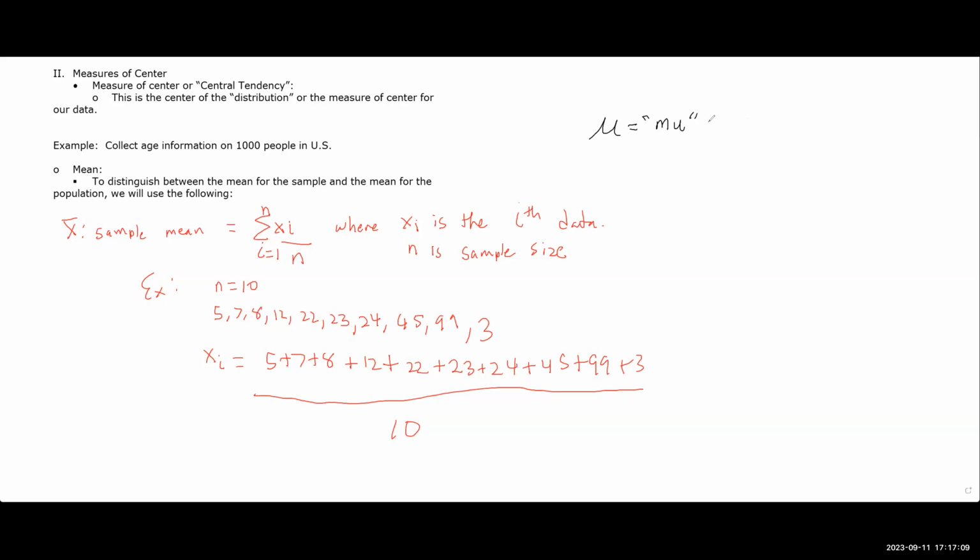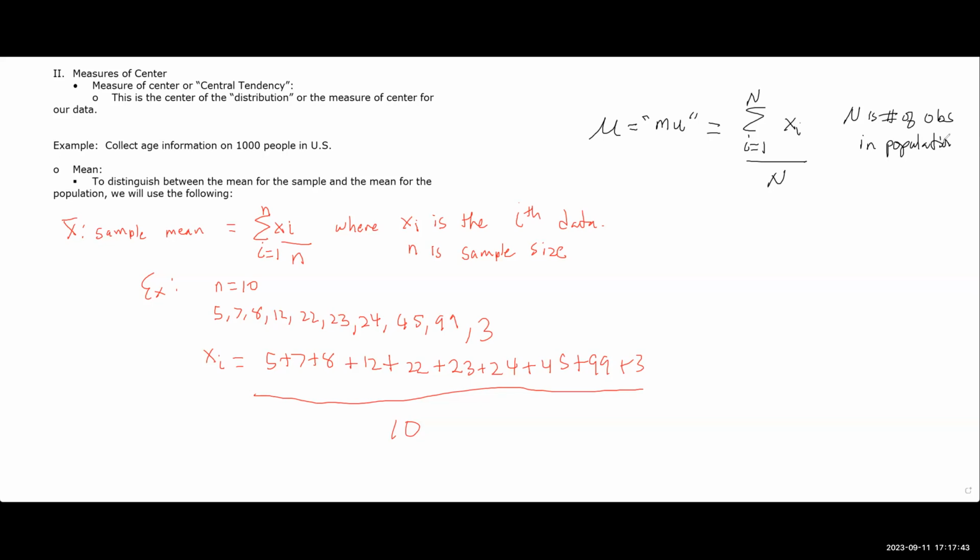Okay, and mu is equal to the sum, i equal to 1 to capital N, of xi divided by capital N, where capital N is the number of observations in the population.